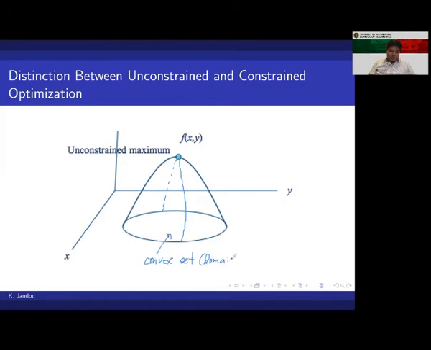And then our task was to find the points x star, y star, where this function is maximized. You could imagine a point here. This one is parallel to the x-axis.